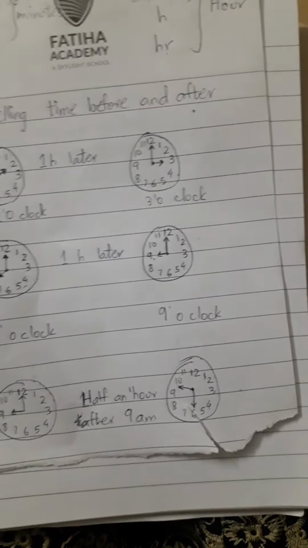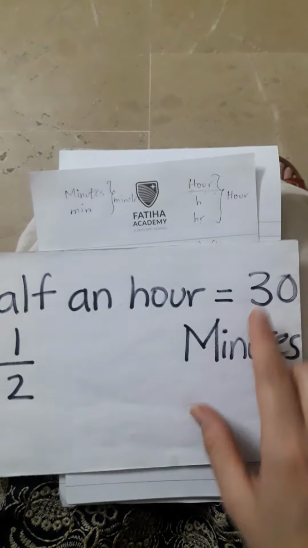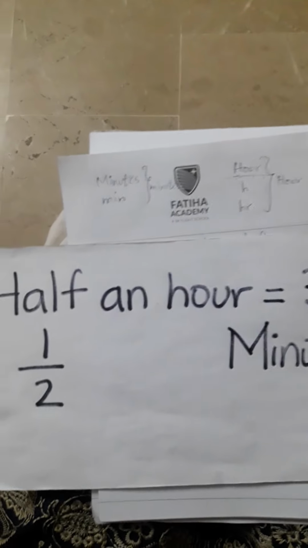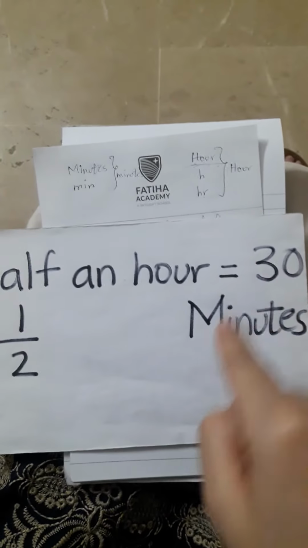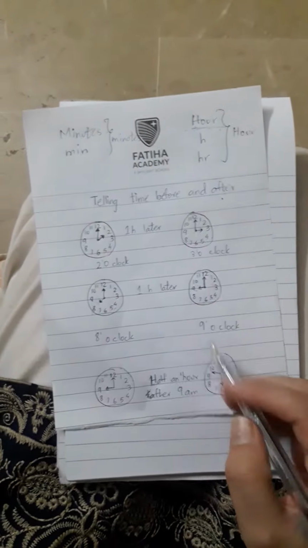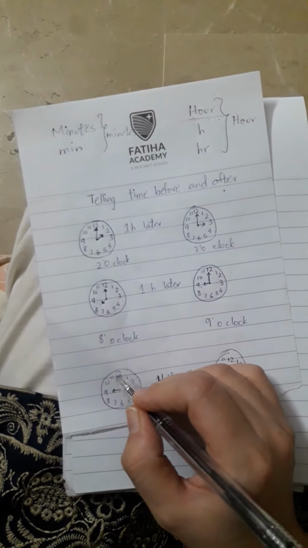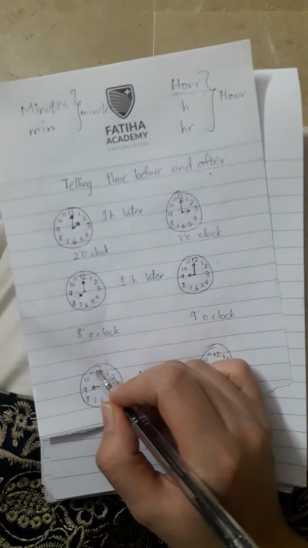Okay, so as we discussed before, half an hour equals 30 minutes. Okay, 1 hour equals 60 minutes. What is the half of 60? The half of 60 is 30. So half an hour means 30 minutes. Now if I observe my clock, when the minute arm takes a complete turn, how many minutes has it completed?